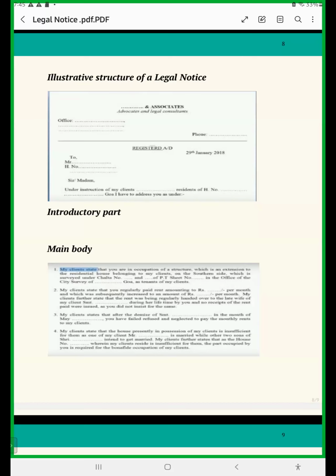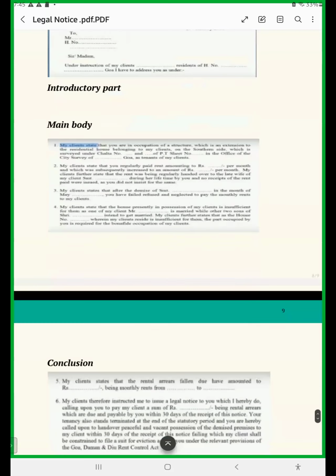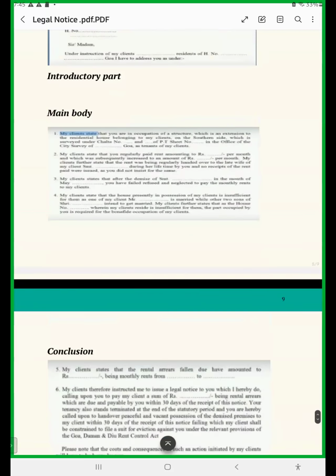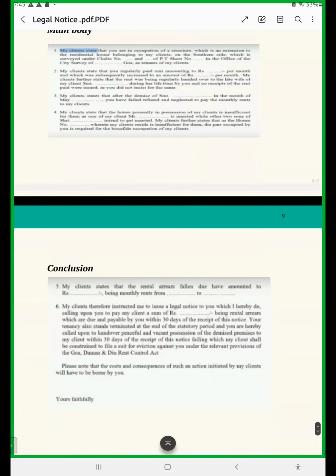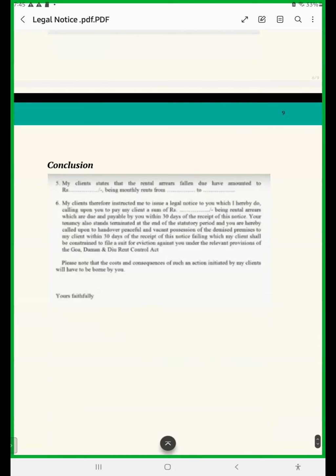After this we come to the main body. In the main body we write at least 4 to 5 pointers. Just as we saw in the drafts above how we state all those pointers, here also there are 1 to 4 or 1 to 5 pointers. Then we come to the conclusive part: how much amount needs to be paid, and if you do not do this, then legal action can be taken.